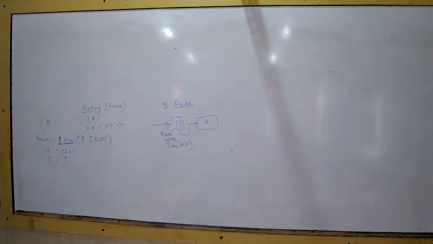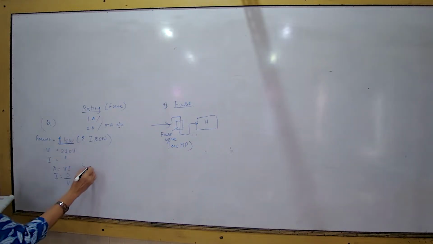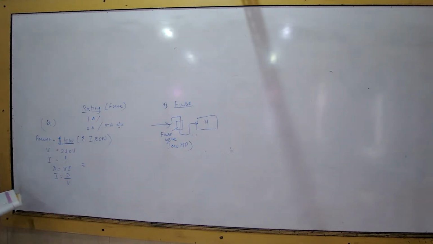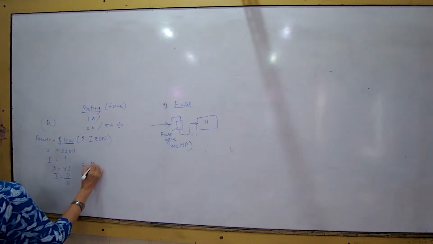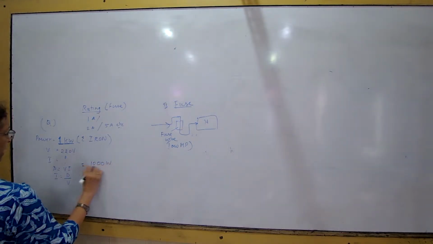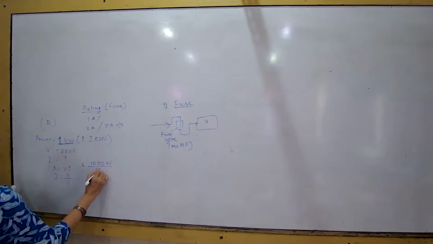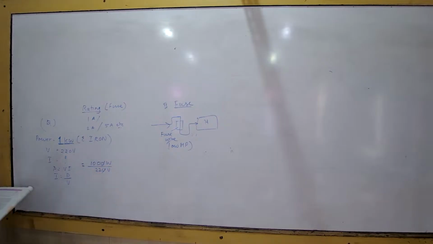P is given, V is given, I have to find I. P is equal to V into I, so I is equal to P divided by V. Power is 1 kilowatt, converted into watts, 1000 watts divided by 220 volts. How much is that? 4.54.